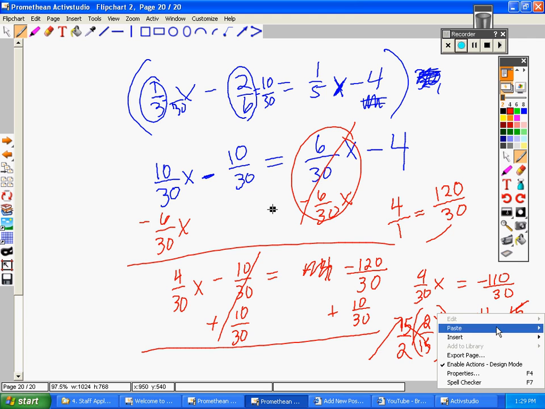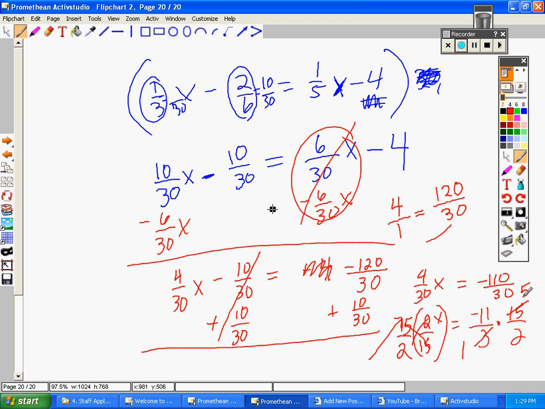And I could cancel out diagonally by dividing by 3. I end up with the fraction -55 over 2. And again, you could leave it like that, or you could find the mixed number. 2 goes into 55 22 times, so it would be -22.5, or you could have done -22 and 5/10, or 0.5.